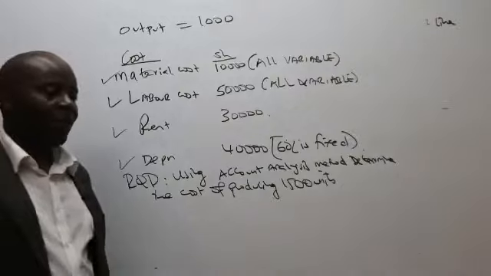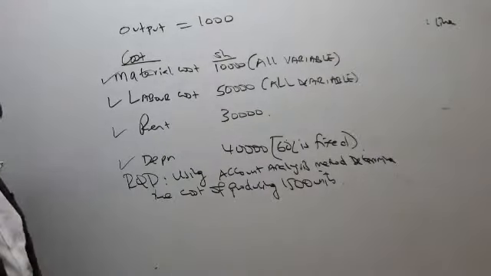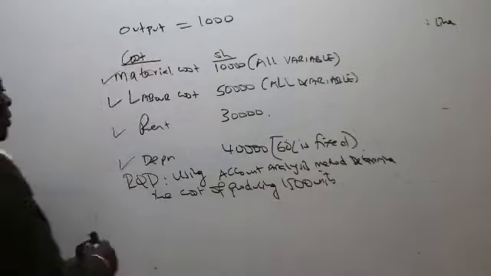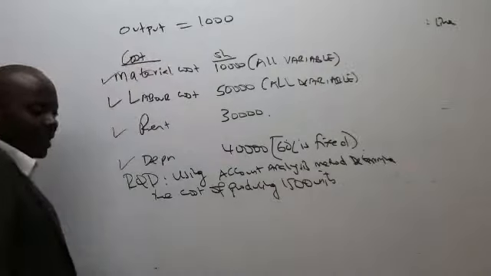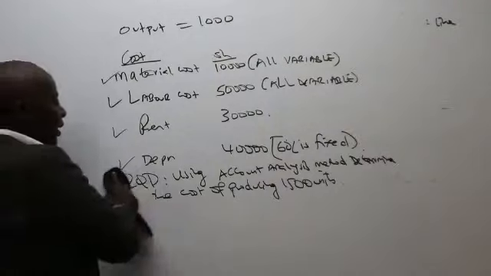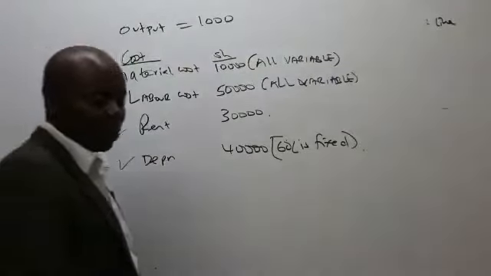Okay. So the cost of producing 1,500 units. This is quite an easy thing. Solution. What am I supposed to do here?